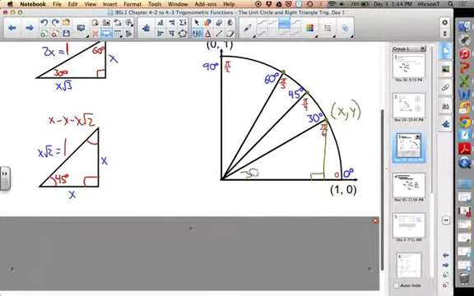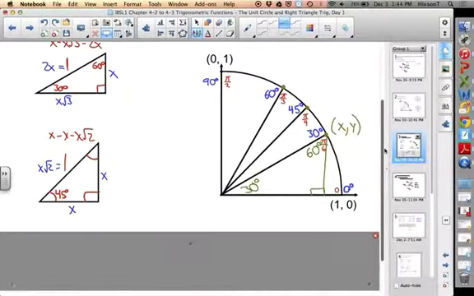This is a 30-degree angle. This is a 60-degree angle. And then we have our pattern. Remember, this is a unit circle. If it's a unit circle, the hypotenuse has to be 1, because the hypotenuse is a radius. So that's what I've drawn for you up here.